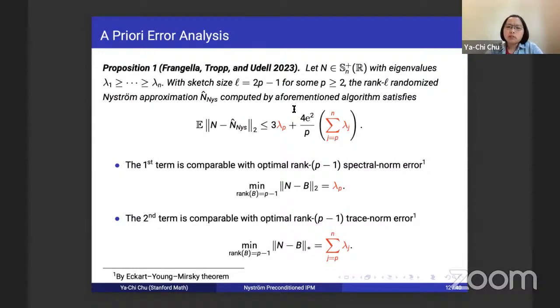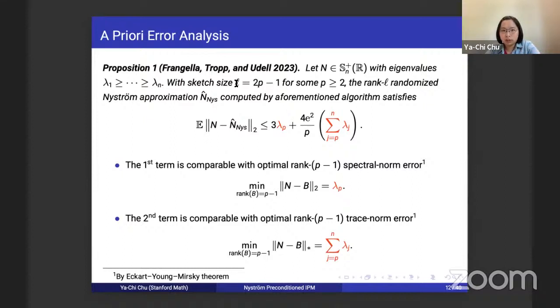So this theorem tells us that if we want an error bound comparable to the error of rank p minus 1, we need to use a slightly larger sketch size here.